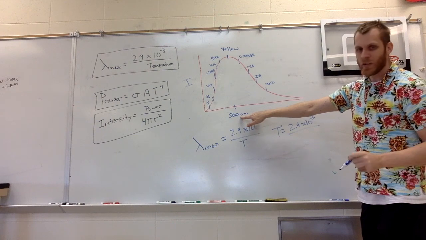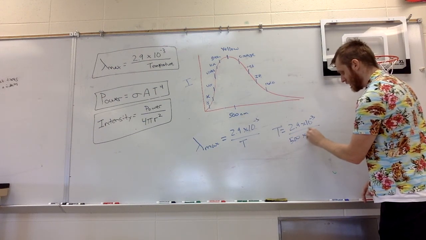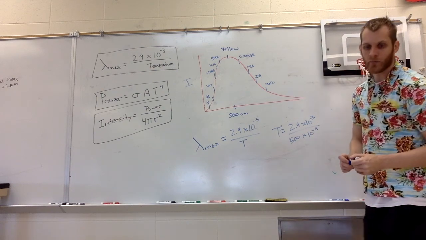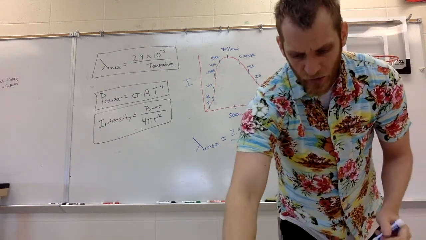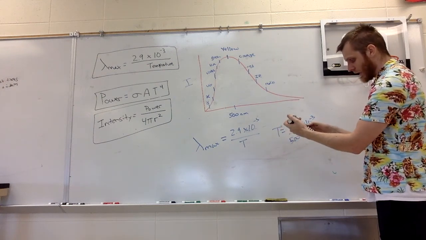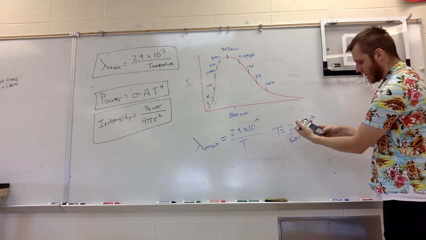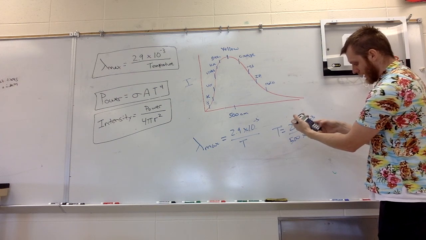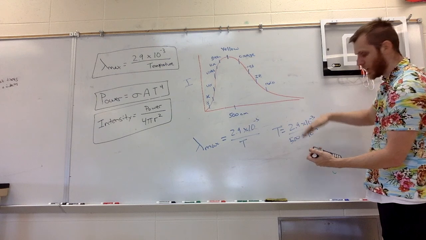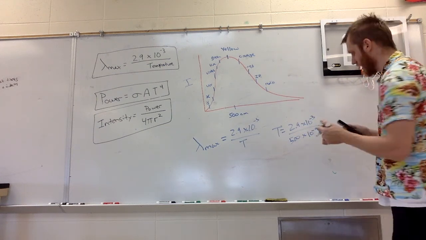Now, nanometers means a billionth of a meter, so it's going to be 500 times 10 to the minus 9 meters. So when I crunch those numbers in my calculator, I can find the temperature of the surface of the sun. So 2.9 times 10 to the minus 3, divide that by 500 times 10 to the minus 9. Make sure you put parentheses around this number and parentheses around this number. And you get a value of 5,800 degrees Kelvin.